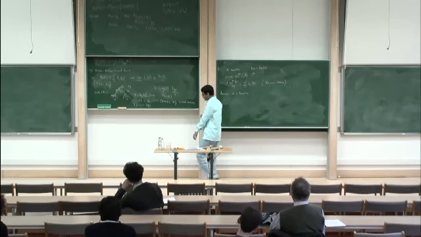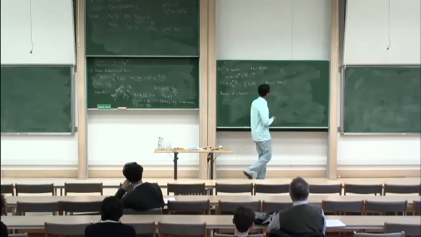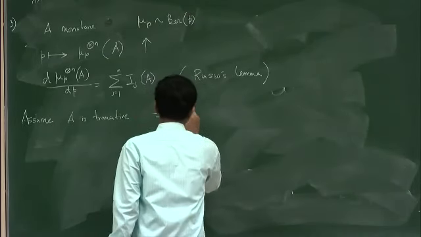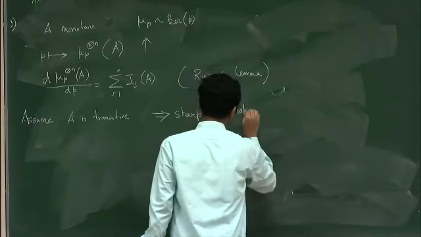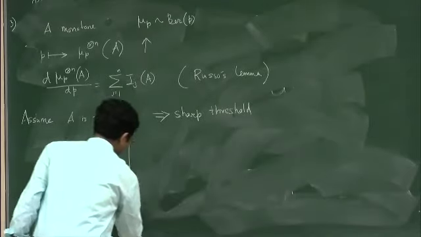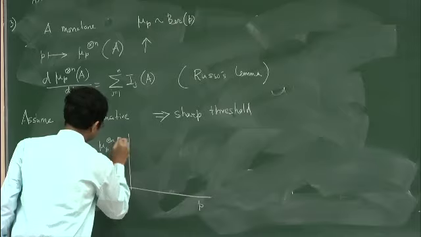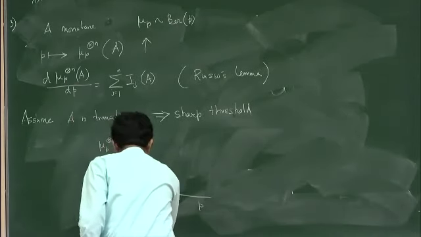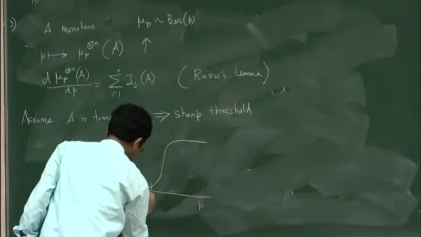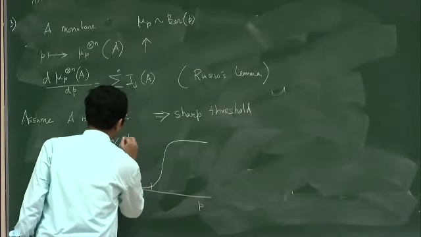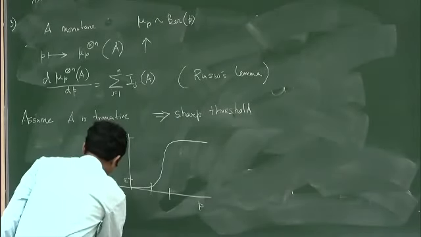If the derivative of a function is going to infinity, this function looks like a step function. So it gives the sharp threshold result. Suppose I plot p versus the measure of this set, then it looks something like this, where, let's say, this is epsilon and this is 1 minus epsilon, and so this window, this is a result by Friedgut and Kalai.